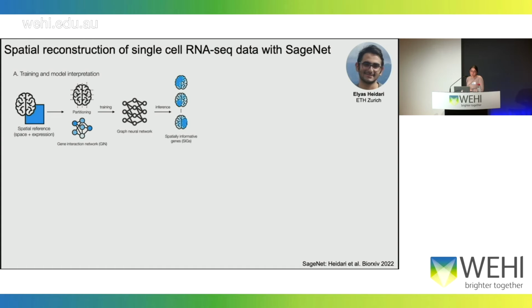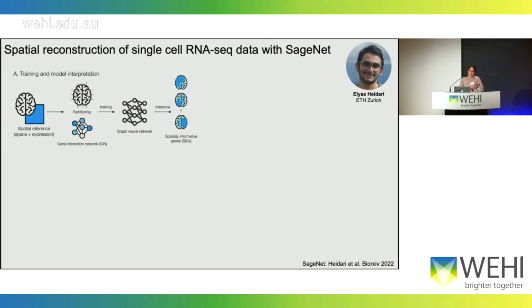The approach that Elias developed uses two key components. The first is a gene interaction network, and the other is a graph neural network.